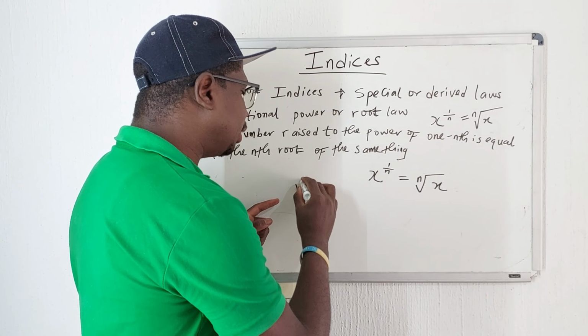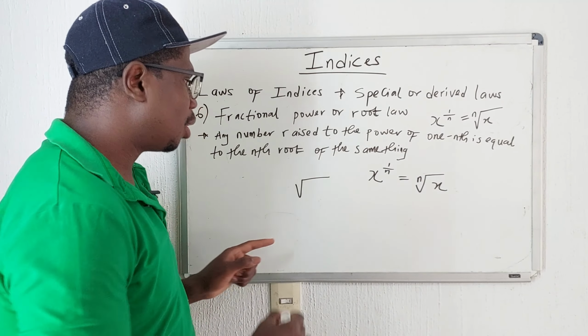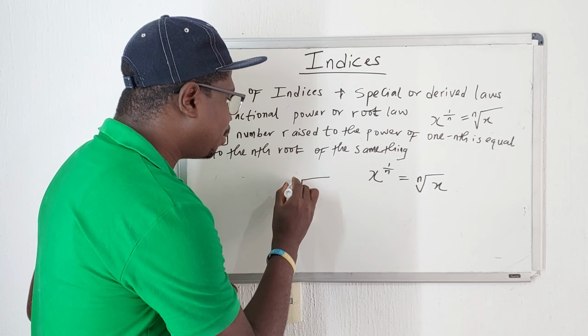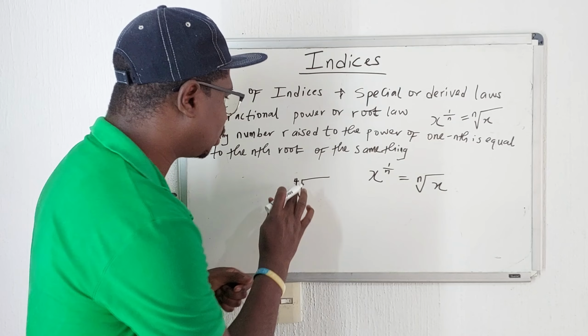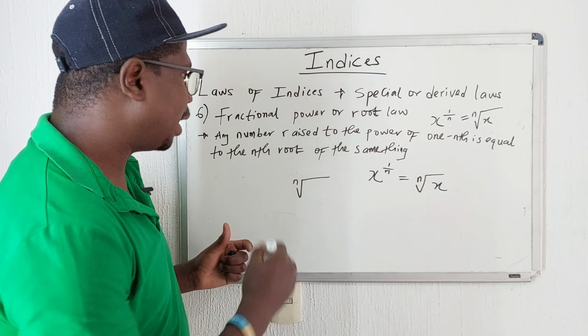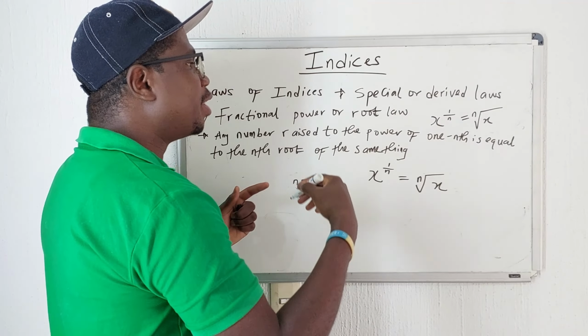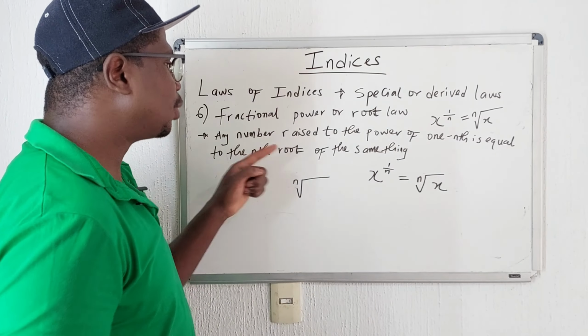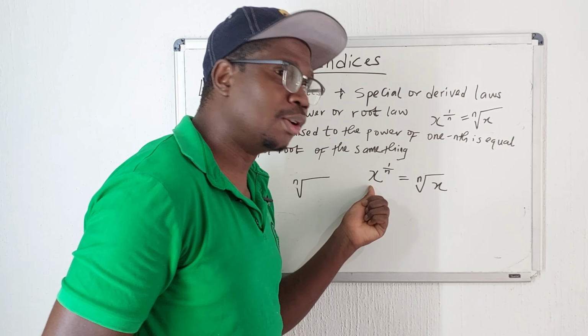This is called the square root. When I put 3 here, it becomes cube root. If I put 4 here, it becomes the fourth root. But when I have n here, it becomes the nth root. That's what we mean by nth root. So any number raised to the power of 1/n is equal to the nth root of the same number.